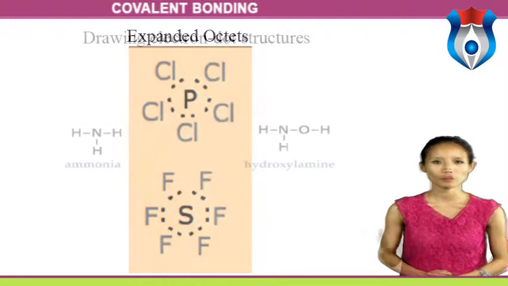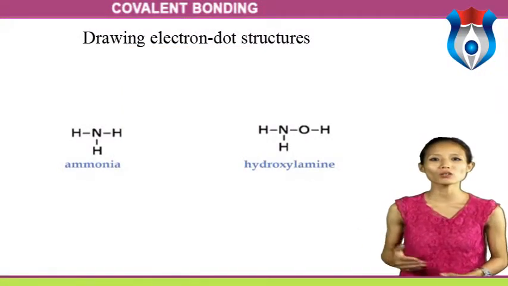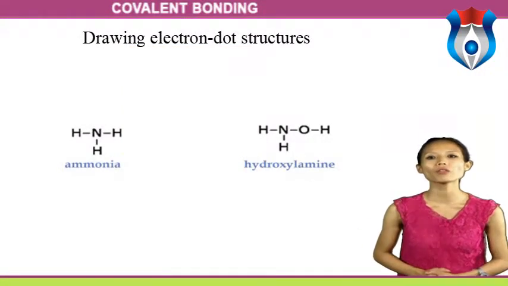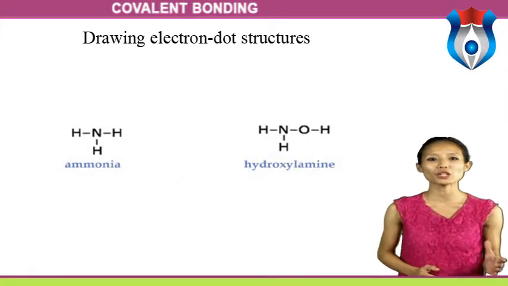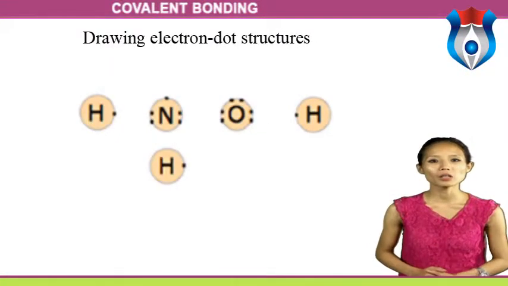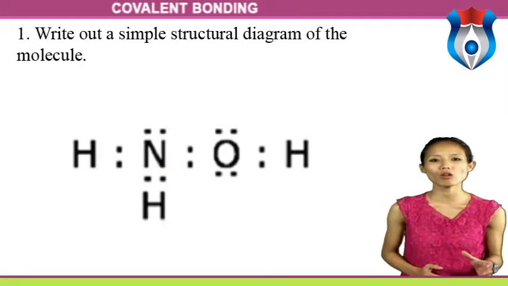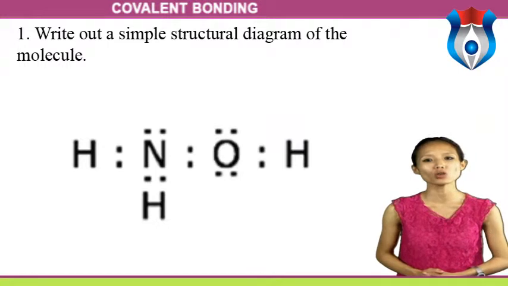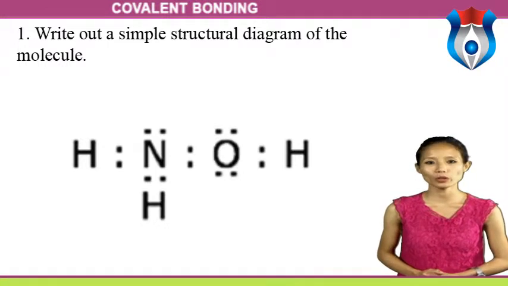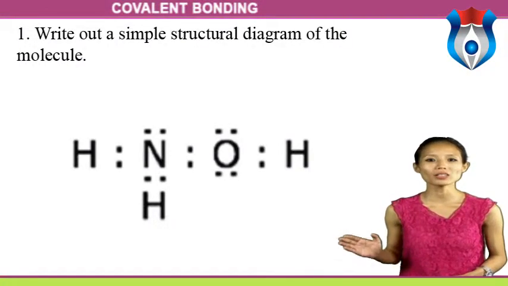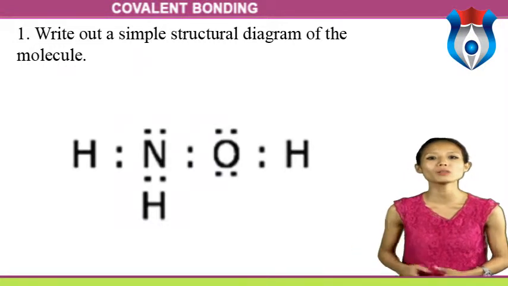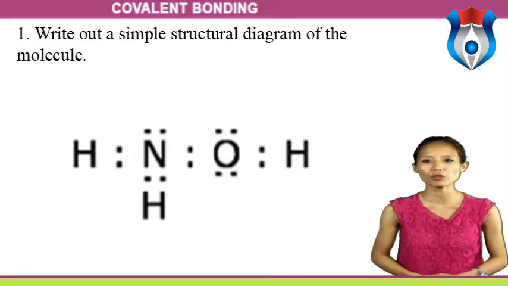Drawing electron dot structures is easiest if we follow the simple steps that are outlined using hydroxylamine, NH2OH, as an example. Write out a simple structural diagram of the molecule in order to clearly show which atom is connected to which. If we are not sure of the bond connectivity, the structure of other similar molecules can often provide a useful clue.